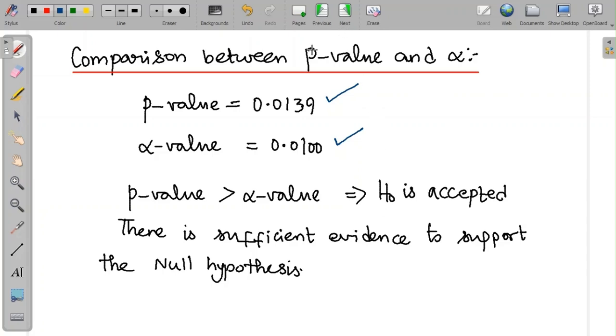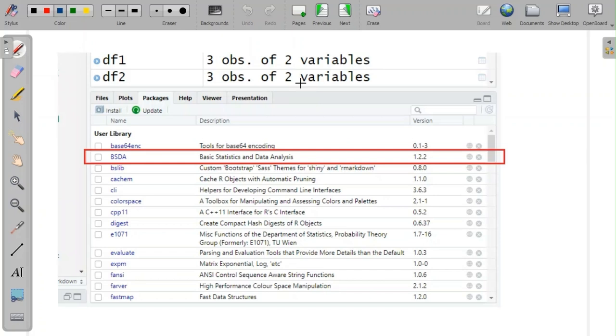Now, having discussed the analytical approach to solving a hypothesis problem based on the p-value, we are ready to find out how to do the same thing using RStudio. To use RStudio and test hypotheses based on large samples or whatever sample it is, we need to install a package called Basic Statistics and Data Analysis.